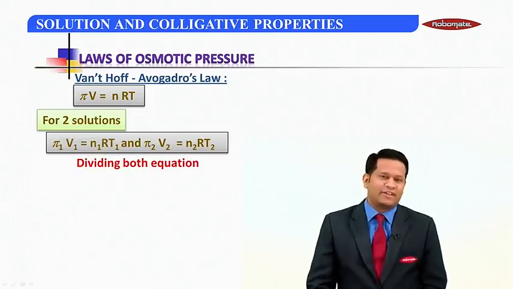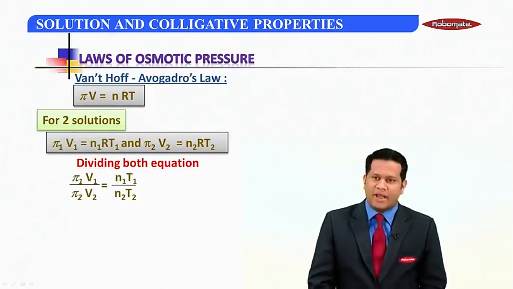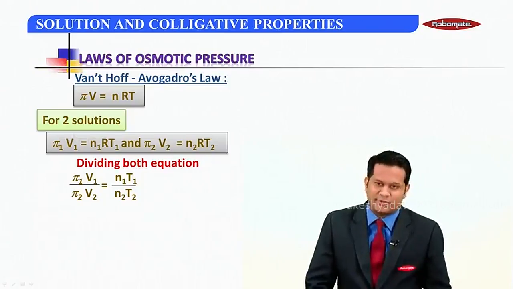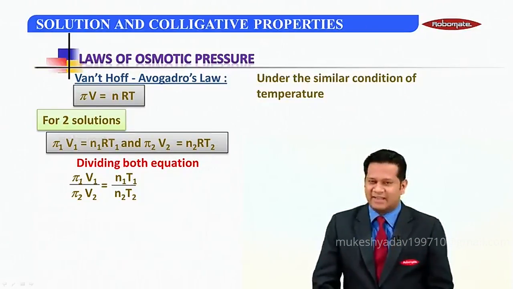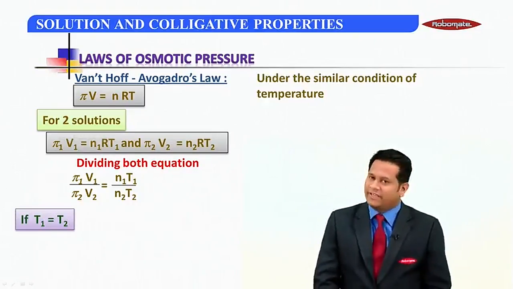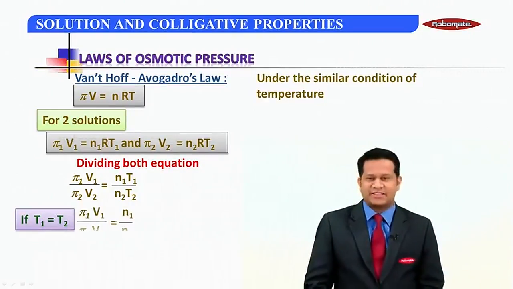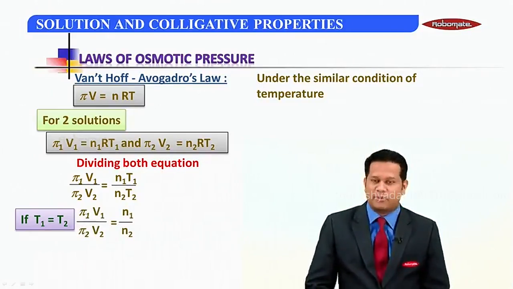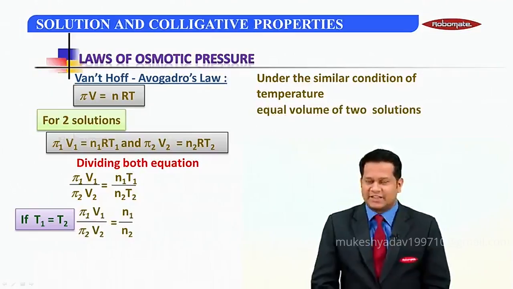Now I am going to divide these two equations. So what do I get? Pi 1 V1 upon pi 2 V2 equals n1 T1 upon n2 T2. My first condition is similar conditions of temperature, where T1 equals T2. Then the equation becomes pi 1 V1 upon pi 2 V2 equals n1 upon n2.